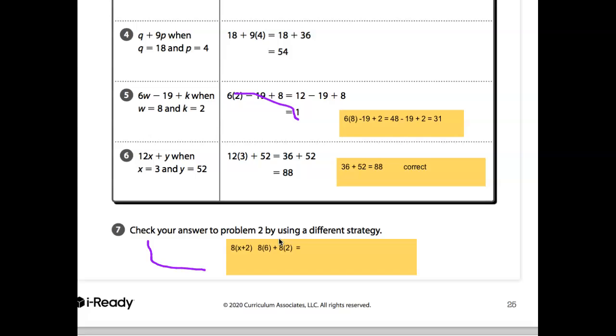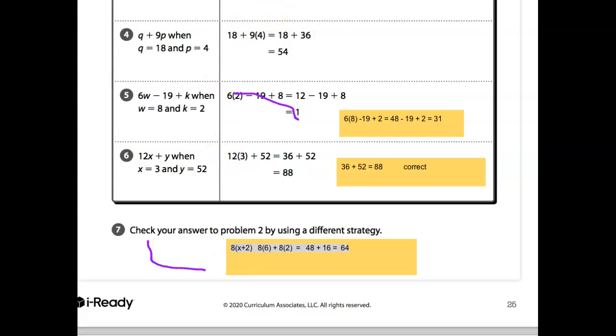We get 48 plus 16 equals 64. Sorry about that. 64.